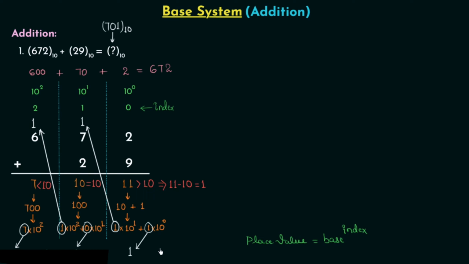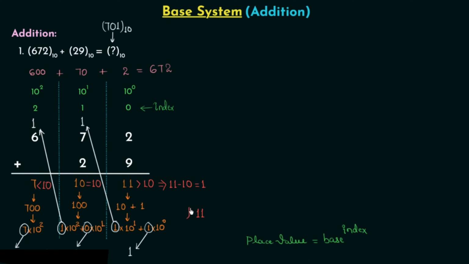To make it clear, I will take this case once again. We are having 2 and 9 as the two digits we want to add. When we add 2 and 9, we will have 11 as the result. So 11 is the contribution by 2 plus 9.